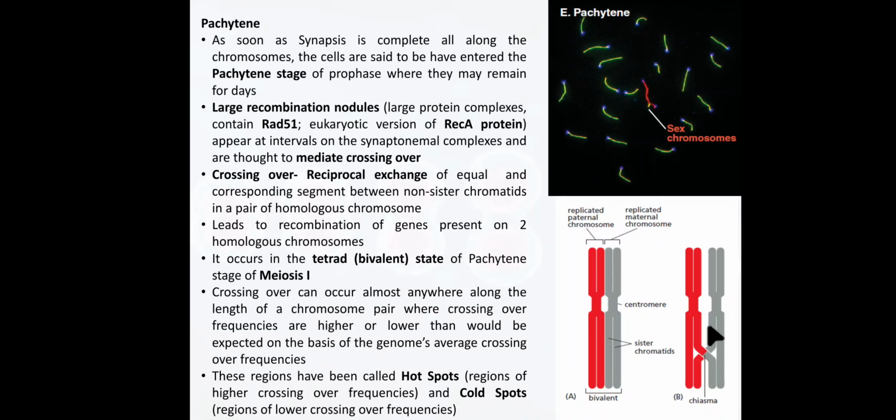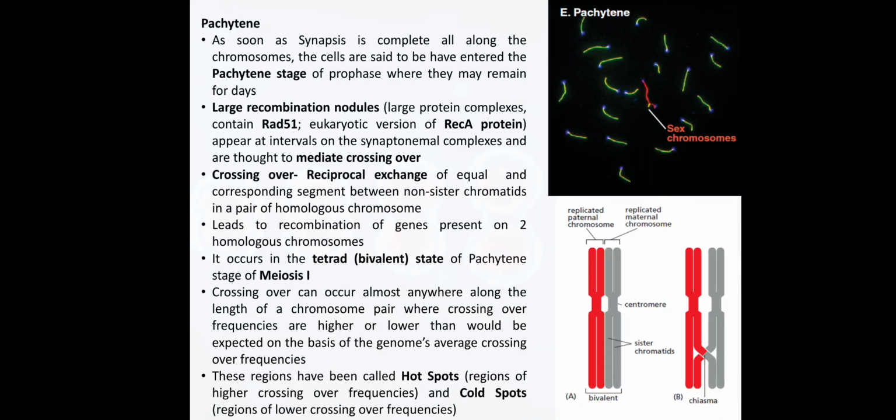Evidence for crossing over was found by Stern working with Drosophila, and H.B. Creighton and B. McClintock working on maize. It occurs in the tetrad or bivalent state of the pachytene stage, although it is said that anywhere along the chromosome length crossing over can happen, but there are some regions which have a high crossing over frequency.